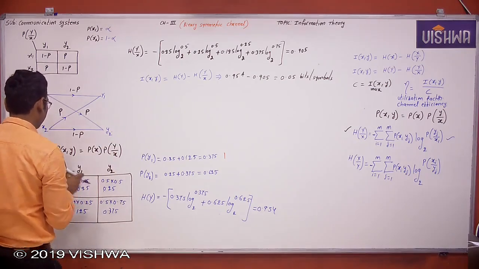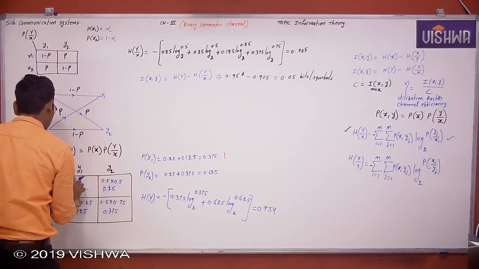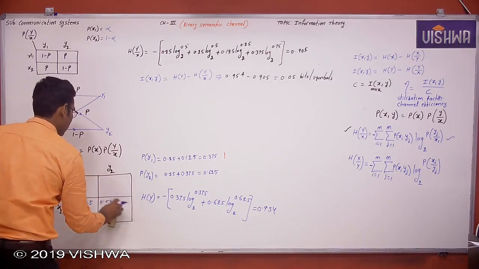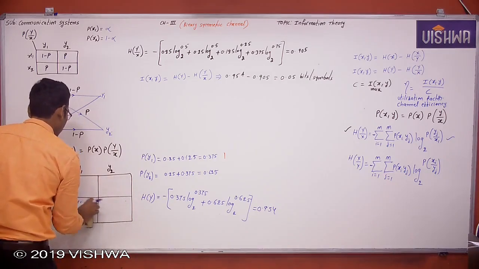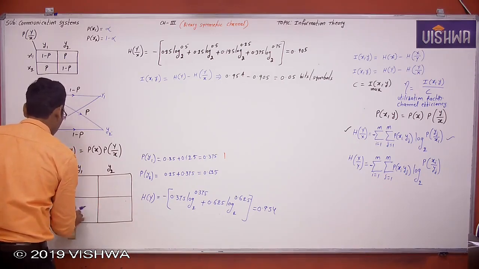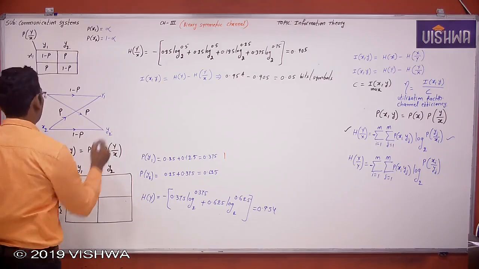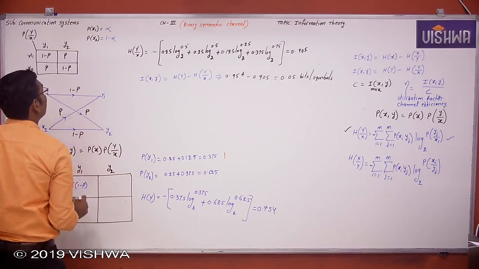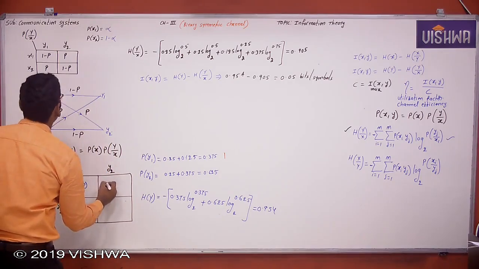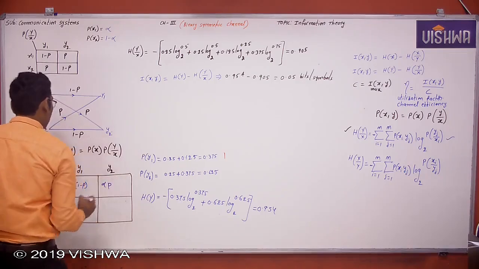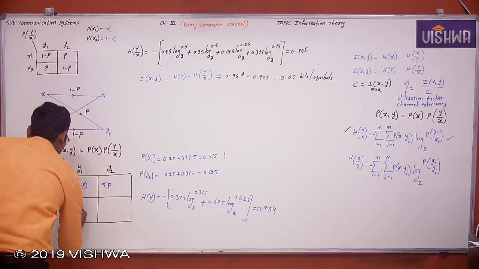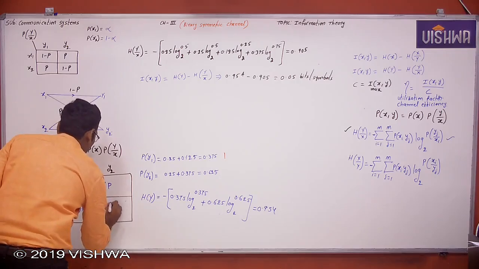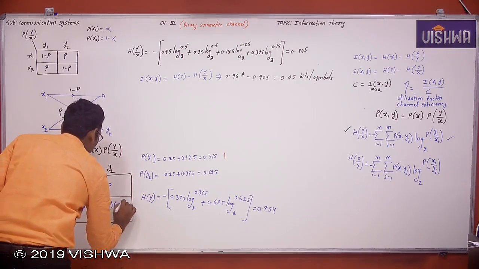Now see here: P of x1 alpha into 1 minus p, P of x1 alpha into p, P of x2 1 minus alpha into p, P of x2 1 minus alpha into 1 minus p.